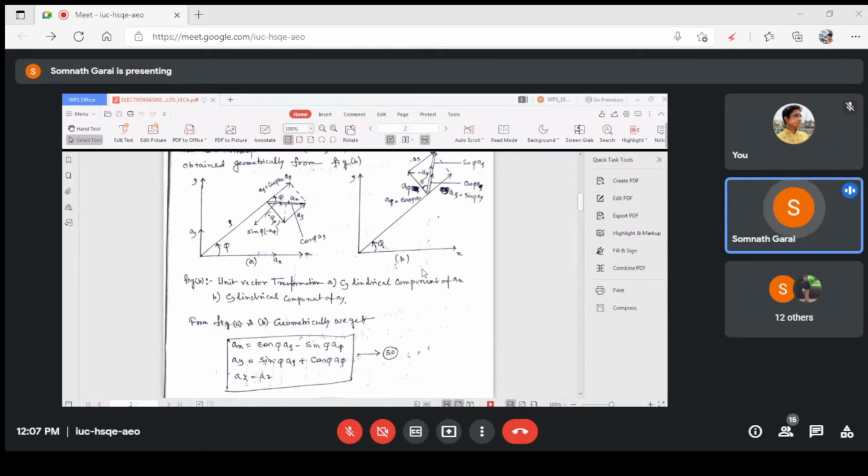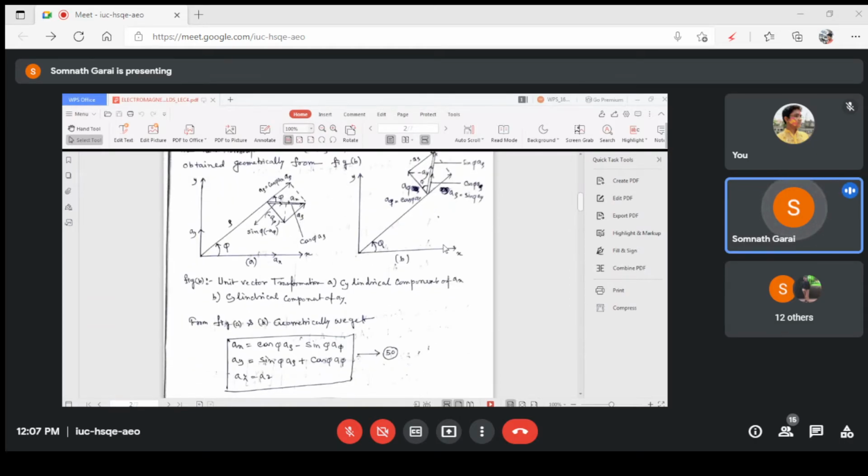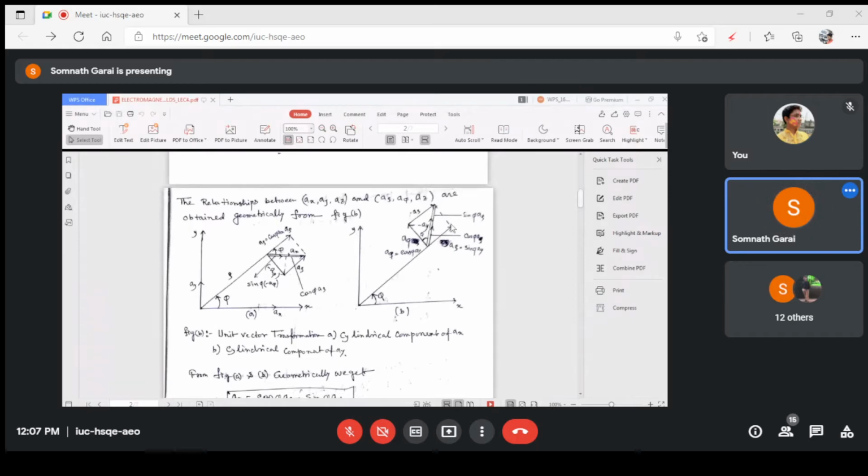Similarly, if we calculate the vertical component, this is the direction of a rho, and the vertical component will be sin phi into ay, sin phi into ay.